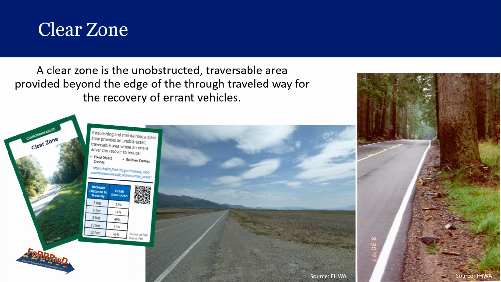And then we just started talking about the clear zone, which we defined as the unobstructed traversable area provided beyond the edge of the through traveled way for the recovery of errant vehicles. There we show a picture on the right of a big tree.